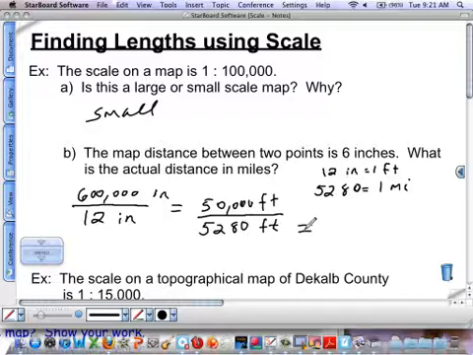That will tell us how many miles. We come up with roughly 9.47 miles. So about 9.5 miles.